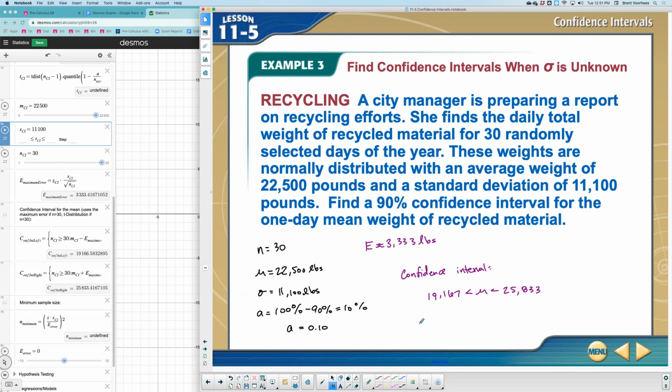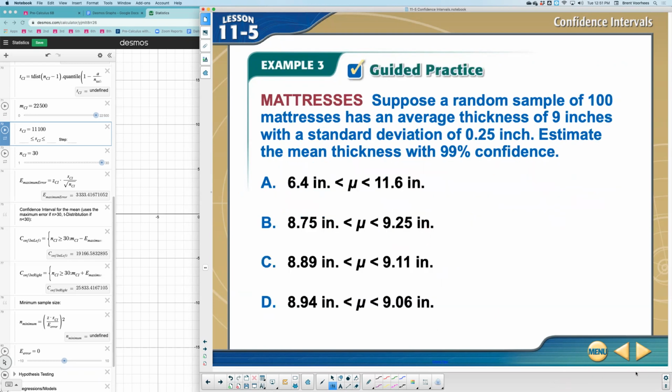It's very, very large. Now, I'll let you take a look at this problem.